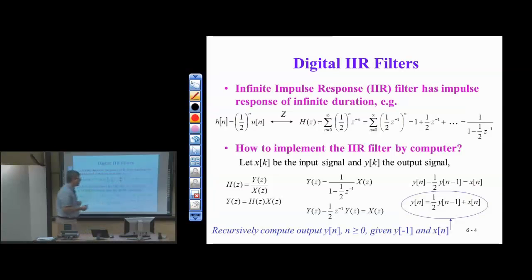So it starts at 1, goes to 1/2, and then 1/4. If I were to plot h of n, it would be a decaying exponential sequence of 1, then 1/2, 1/4, and so forth. We get this gradual decline, but it doesn't hit 0 until infinity.